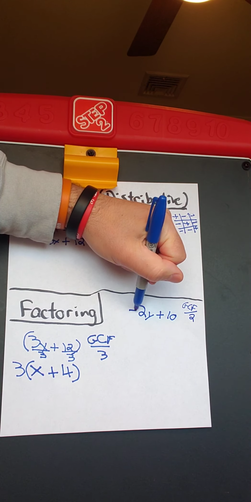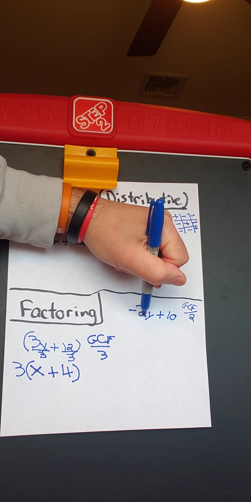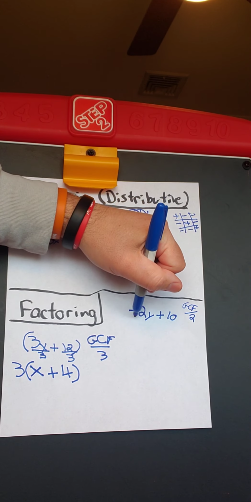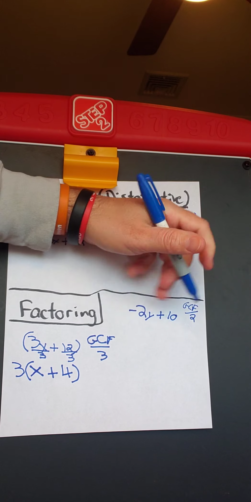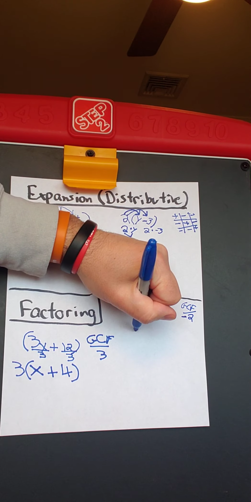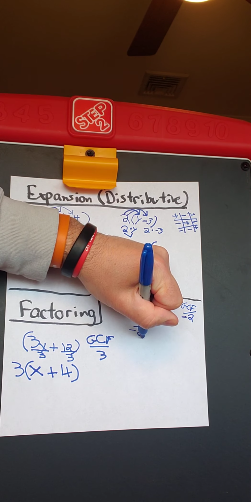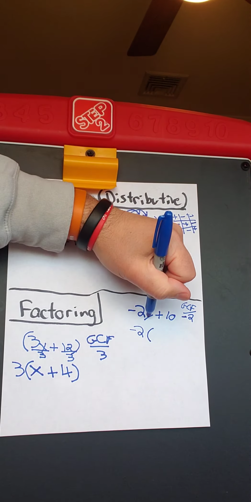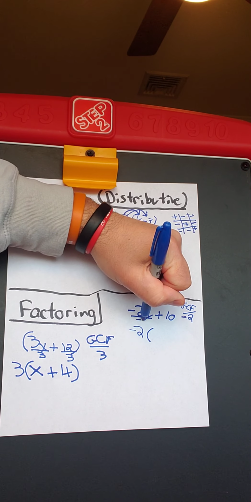But because we want to make the first term positive, and a negative divided by a negative is a positive, it has to be a negative 2 on the outside in order to make that first term inside the parentheses positive. So you divide both of these by negative 2.